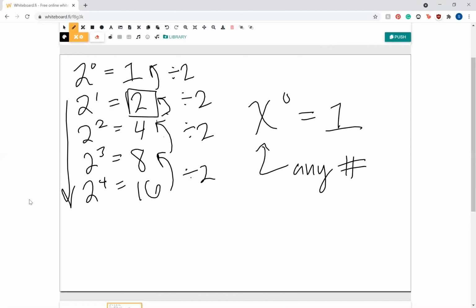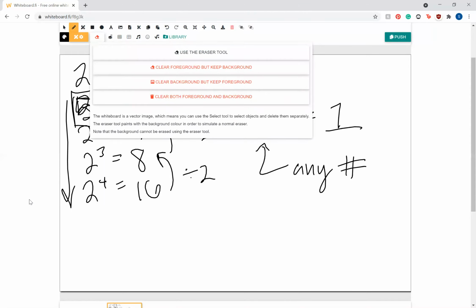And you can imagine that if we had used another base as an example here, say we had used 5 instead of 2, it would still work. So we would have 5 to the power of 1 is equal to 5. And then if we applied our rule and divided by 5, well, 5 divided by 5 is still equal to 1. So let's go through a couple examples here and see how this works.